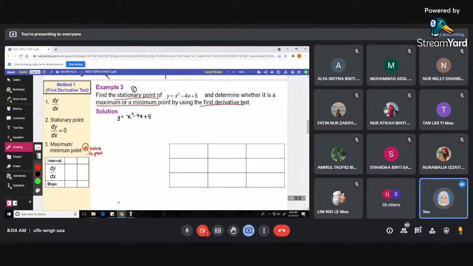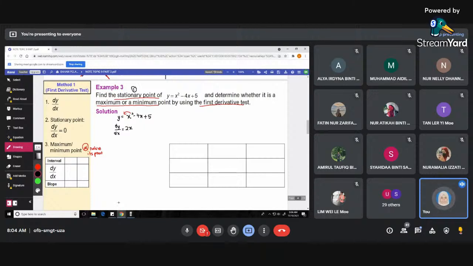What's the first step to find the stationary point, class? Differentiate. No, we find dy/dx first, no need to equate to 0. So what's the value for dy/dx? The power is brought to the front, so copy back.